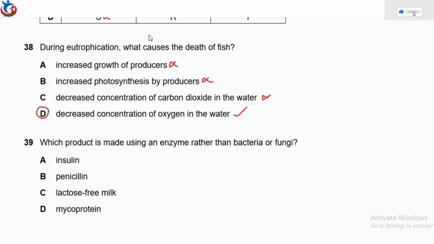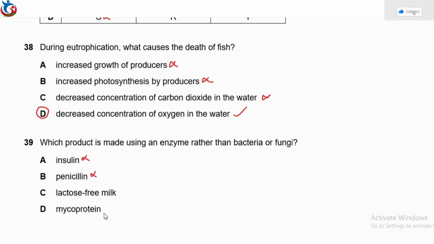Then we'll now have question 39, which says, which product is made using an enzyme rather than bacteria or fungi? Insulin is produced using bacteria. Penicillin is produced using fungi.